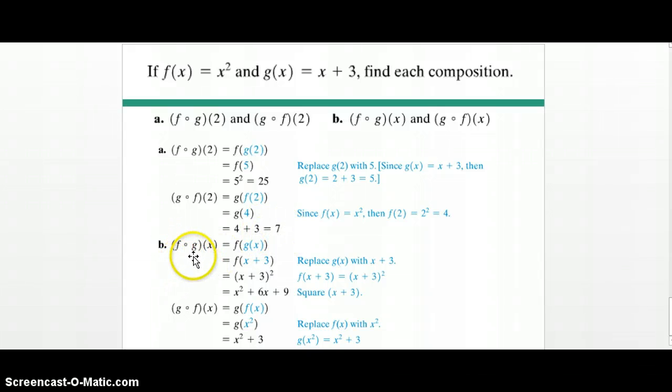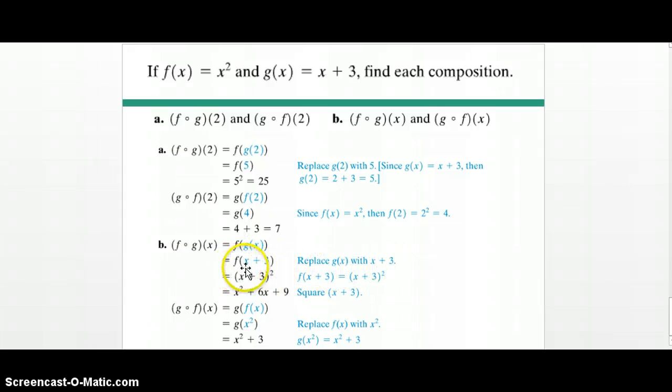f composition of g of x equal to f of g of x, which is equal to f of x plus 3. We know g of x equal to x plus 3. Replace g of x with x plus 3.